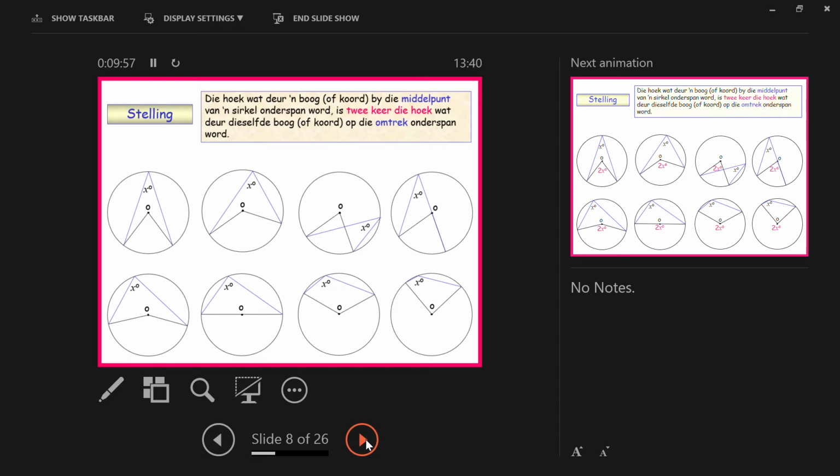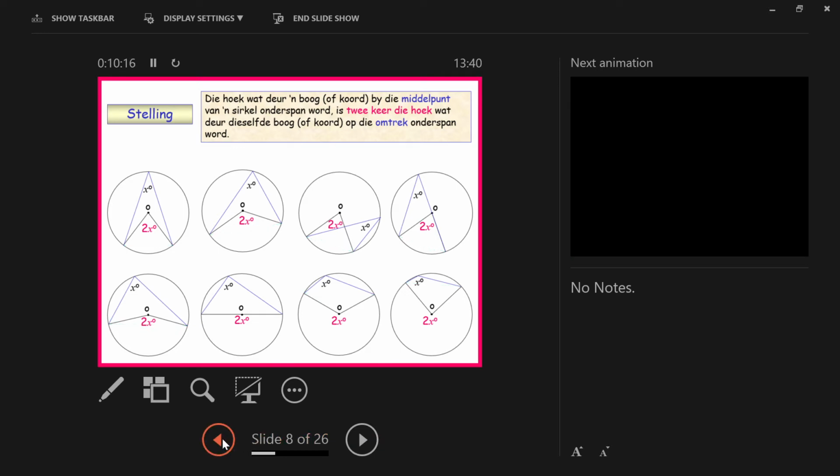Okay. So, in other words, one of you just said that if that is 2x, dis die middelpuntshoek. Hy is mos 2 keer wat my omtrekshoek is. So then, nou hierdie middelpuntshoek is 2 keer wat hy by die omtrek is.